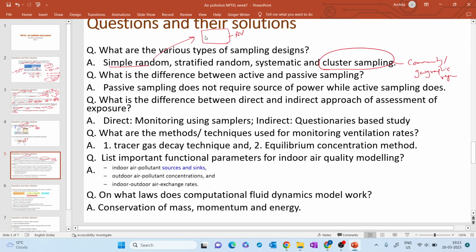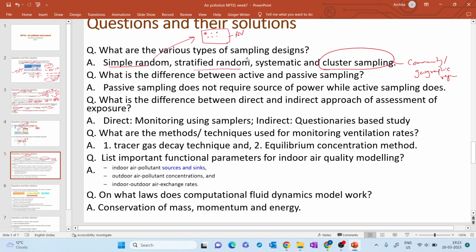And simple random means that irrespective of age or gender or health condition, I am selecting random individuals. Okay, that is simple random, that you select random people of a particular bunch to study the effect of indoor pollution.